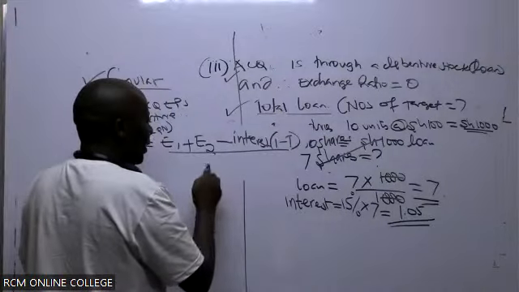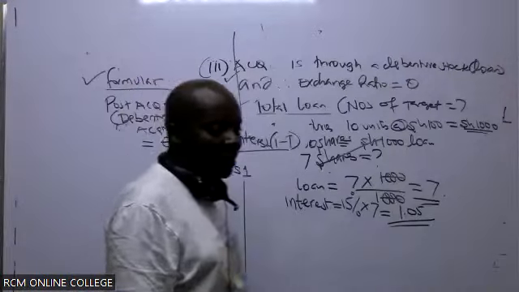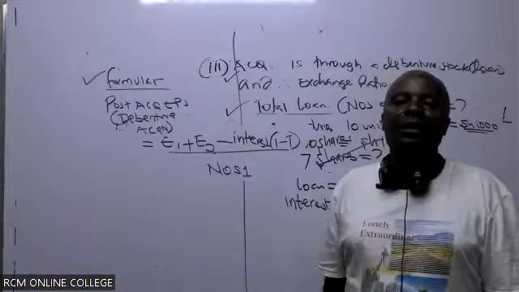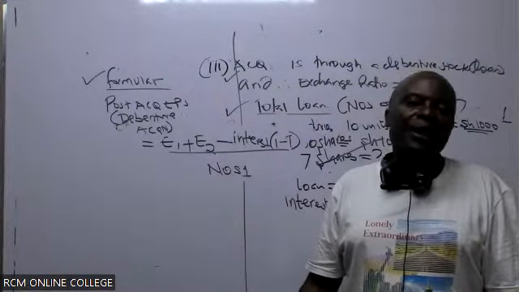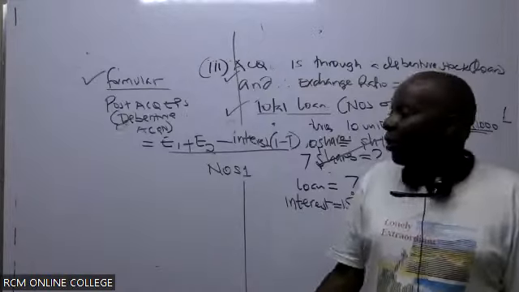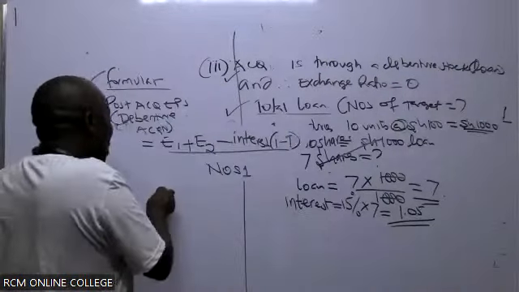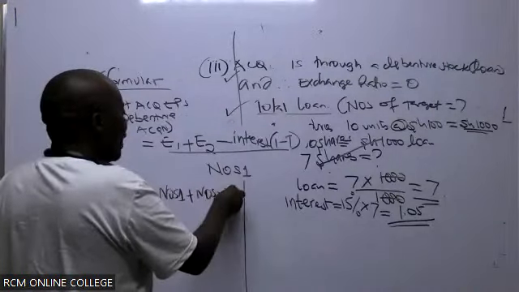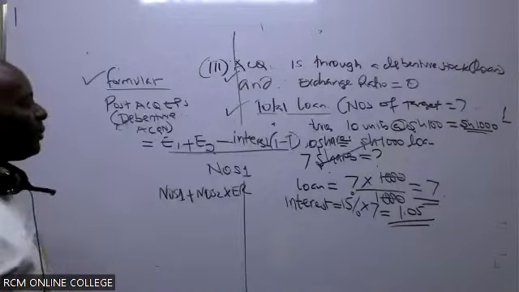Everything to be divided by nose 1. Why are we not bringing nose 2 here? Because the exchange ratio is 0. At the end of the day, the denominator should have been nose 1 plus nose 2 times exchange ratio.